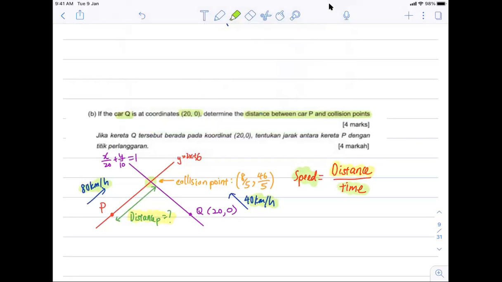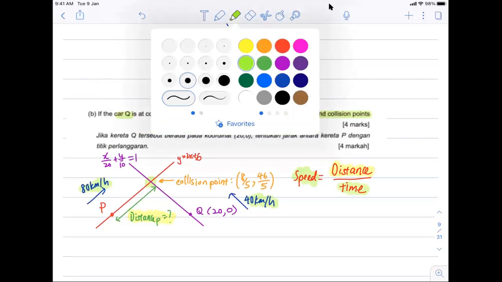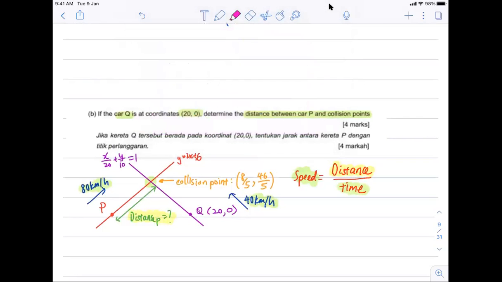How do we know the time, although it's not provided by the question? So basically, by looking at the collision point over here.